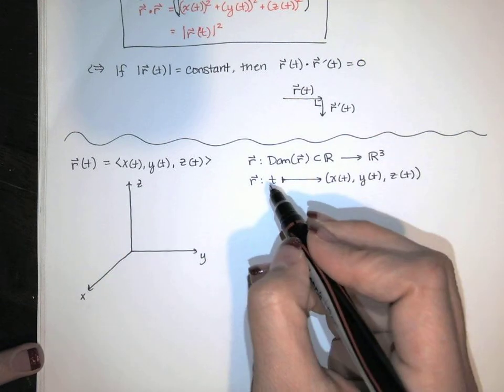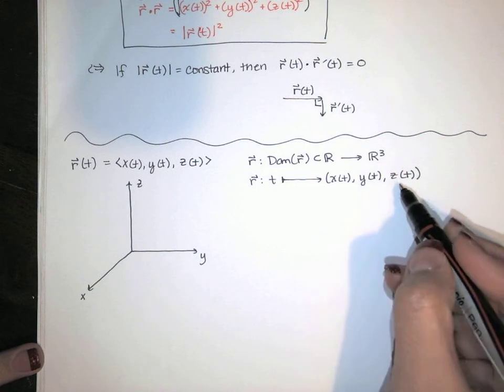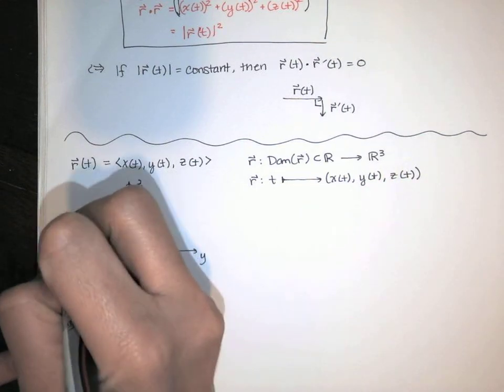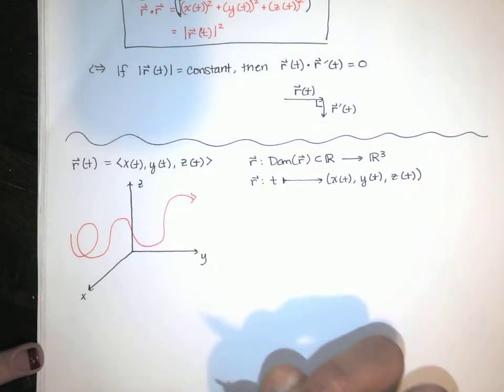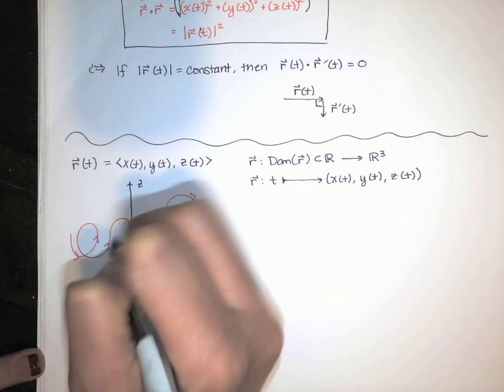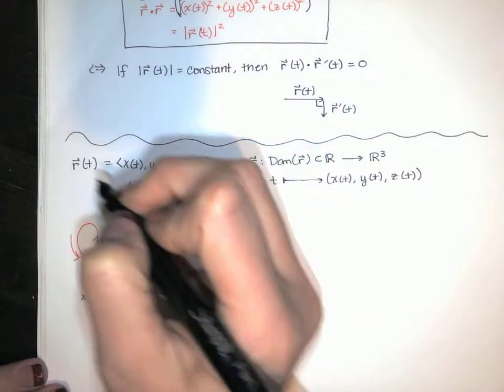So as t increases, you're mapping out all these different points in space, and you might have a path that looks something like this. So maybe as t increases, you're going on a path like this, and remember r of t is a vector. We sometimes call it the position vector.